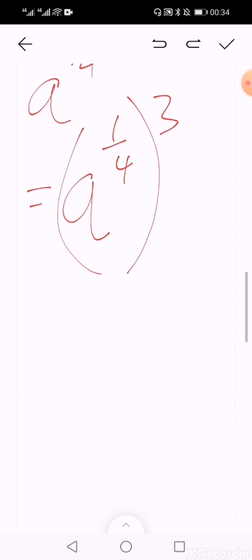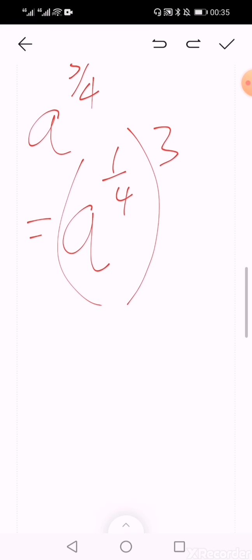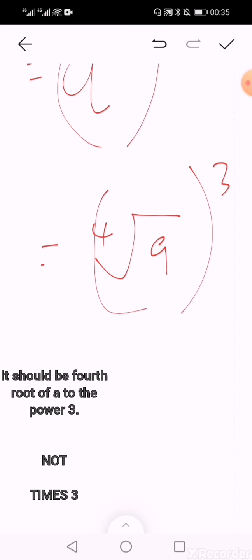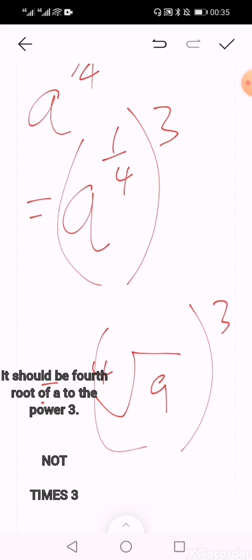This one is to find a number that you multiply by itself 4 times to find a. So this one is the same as the fourth root of a, all to the power 3. So we can write this as the fourth root of a, to the power 3.